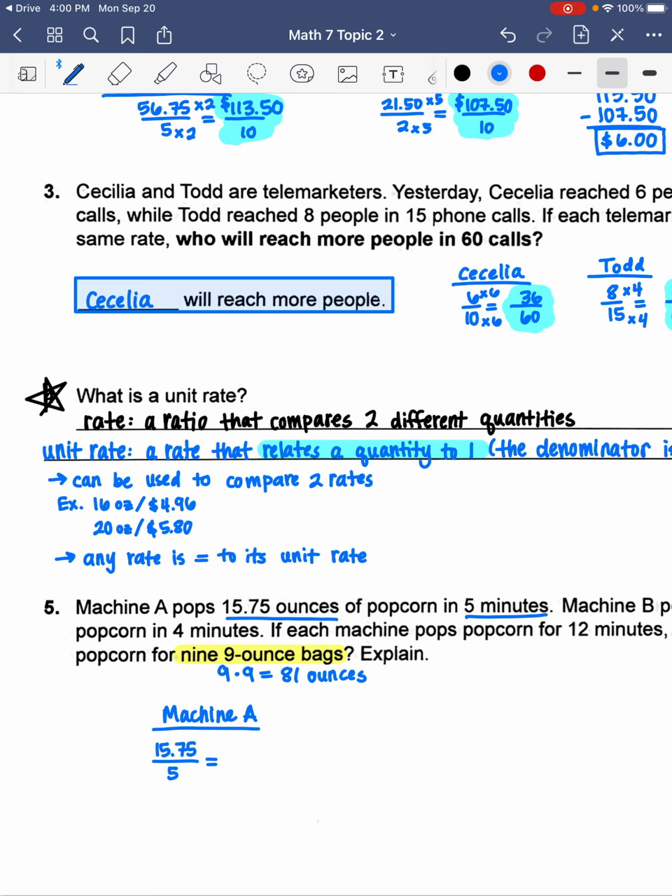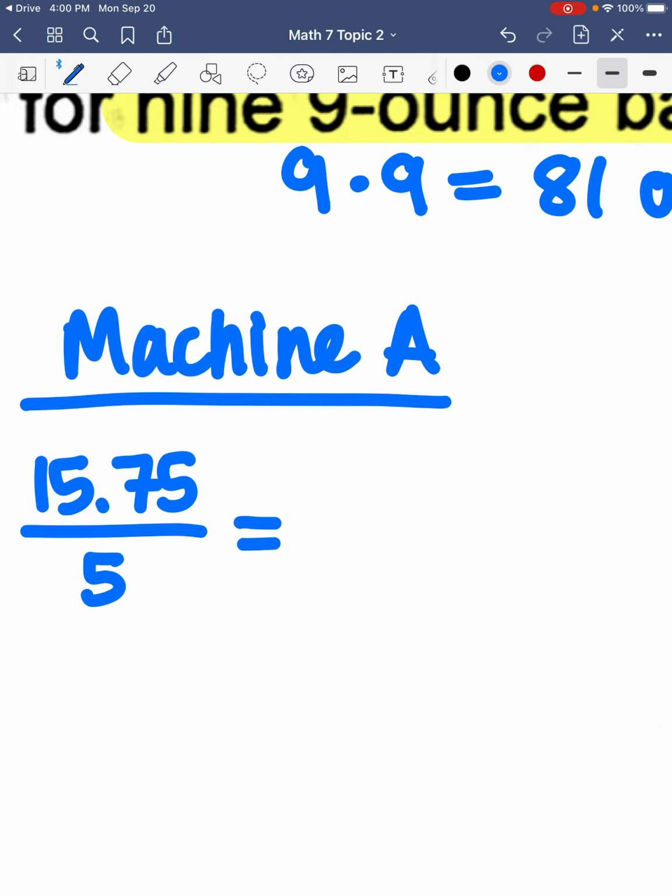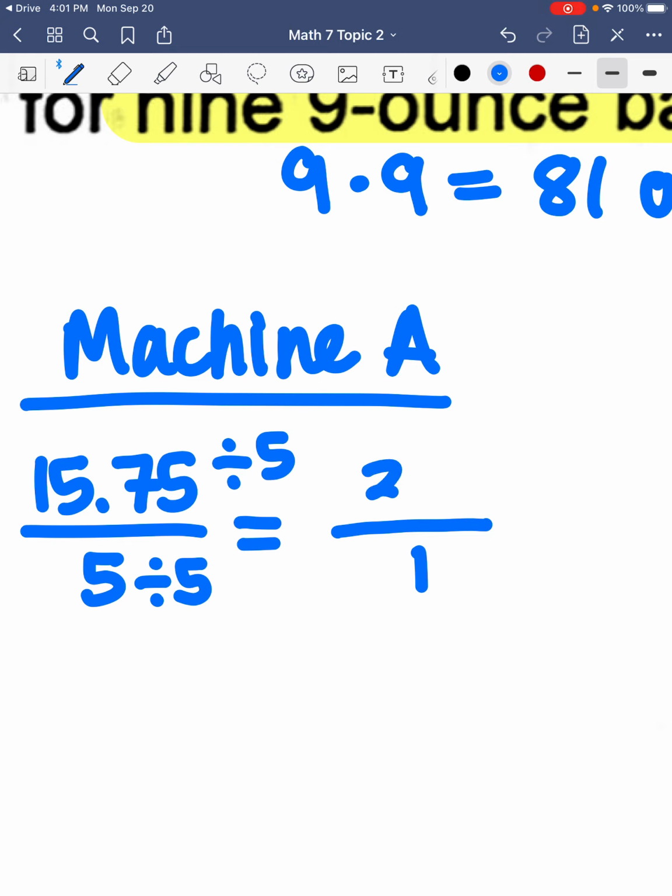And I can't really go from 5 to 12 through multiplication. So what I am going to do is find the unit rate first. How much does it pop in just 1 minute? And so to go from 5 to 1, I know I'm dividing by 5. So I'm going to do the same thing on the top. So in my calculator, I'm going to type 15.75 divided by 5. And when I put that in my calculator, I get 3.15.